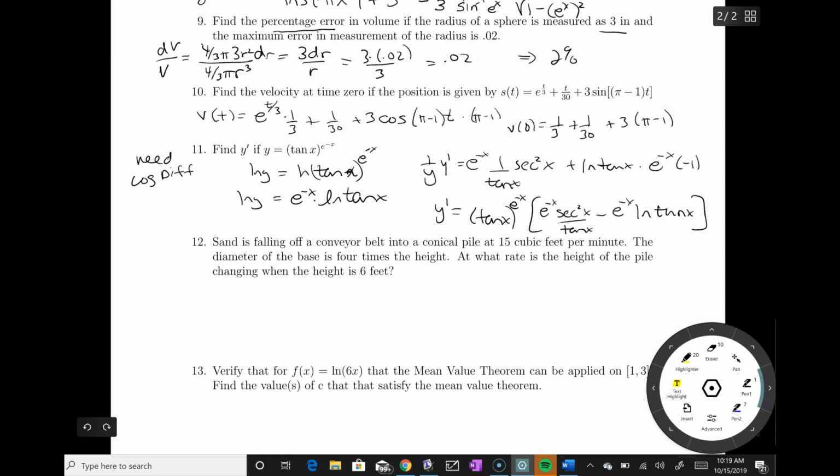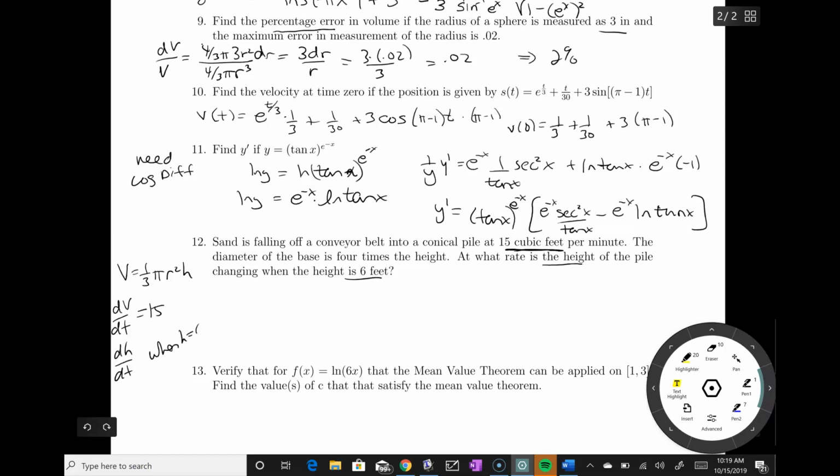Okay, so I have volume of a conical pile, so that's 1/3 pi r squared h. They're telling me it's following this amount, cubic feet per second, so that tells me that's volume. And they want me to find how fast the height is changing, find dh dt, when h is 6.